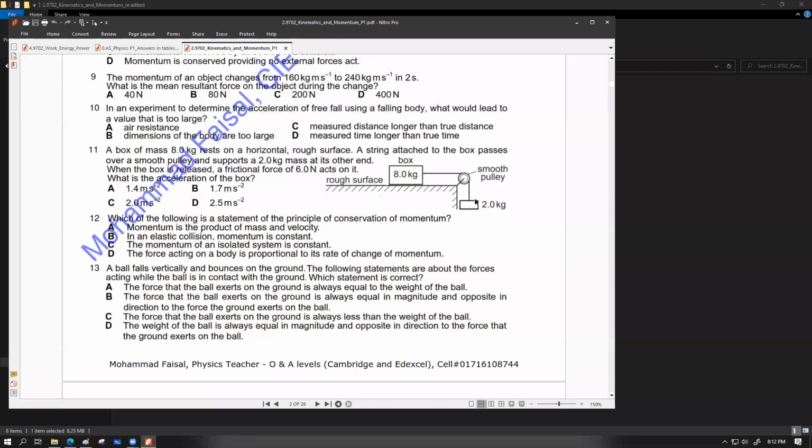This 2 kg object is not having free fall, because as it is going down, it is also pulling this 8 kg object to the right. So the available weight of this 2 kg object was responsible to move the combined mass of the whole system. That was very important, and which led to the answer of 1.4, the correct answer.